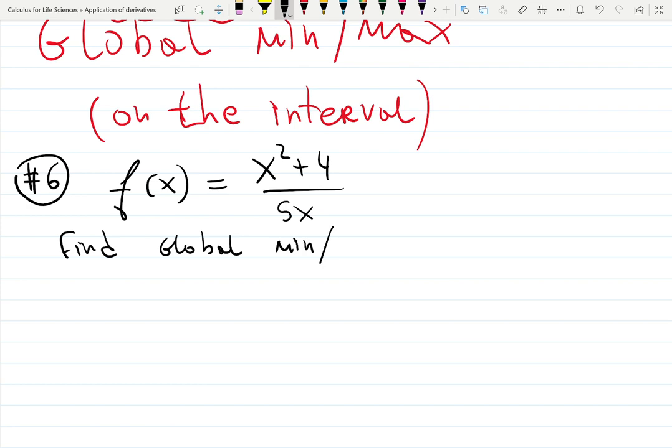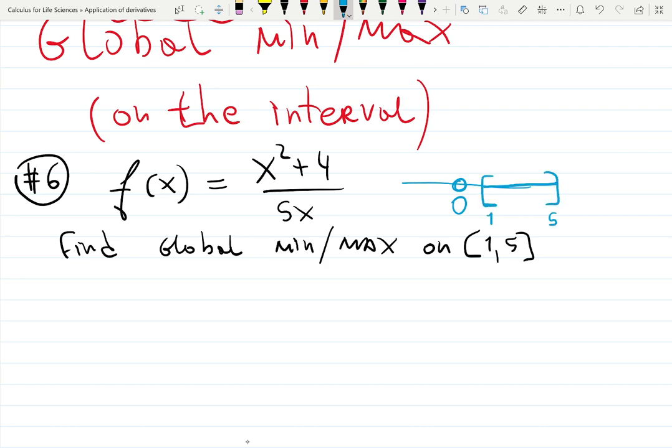But this function is infinite, so they made a cut of the domain from 1 to 5. Moreover, this function does not exist at 0, but the cut was made after 0. So it's interesting that at 0 it doesn't exist, but they decide not to completely ignore it, and they say, oh, we just want to be from here, from 1 to 5.